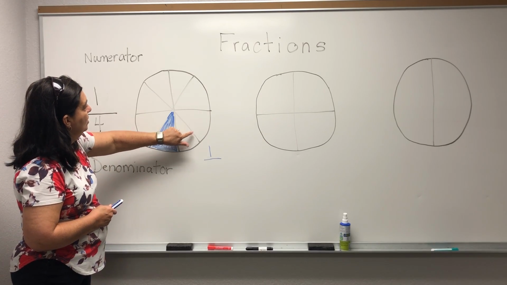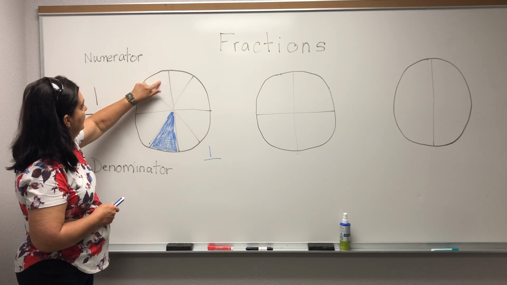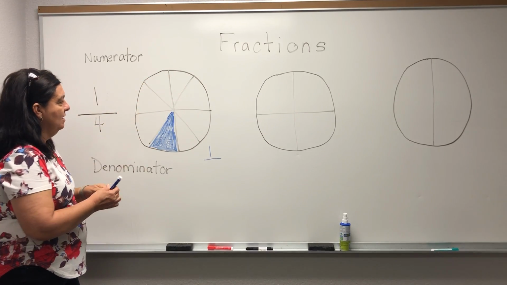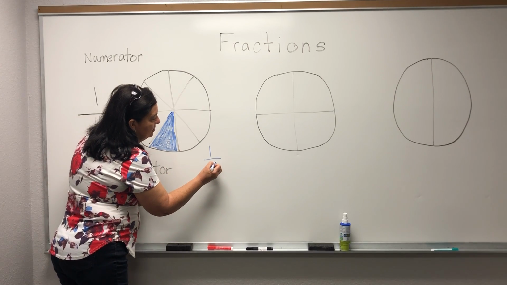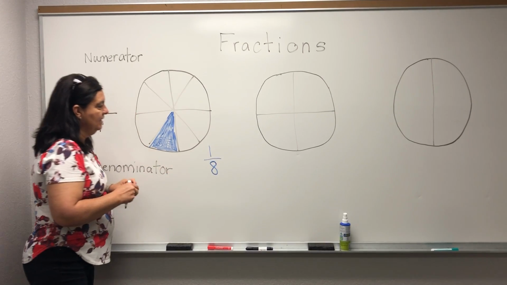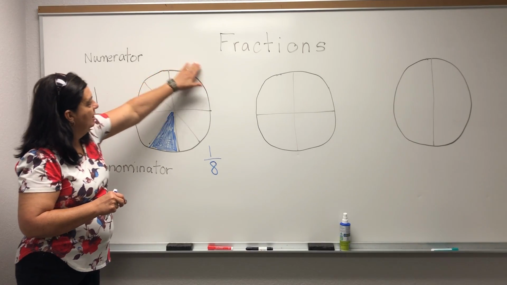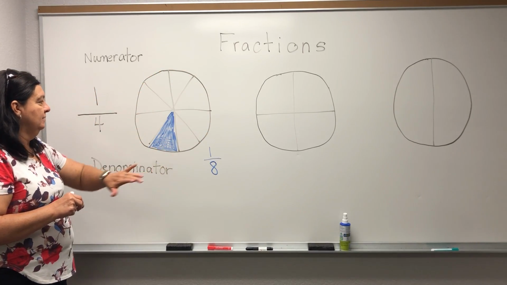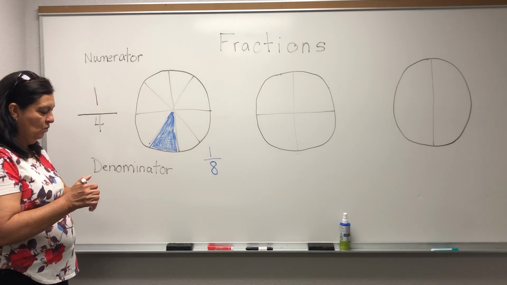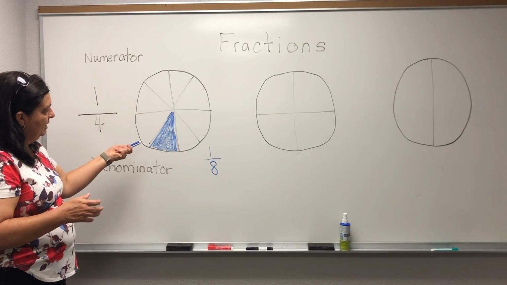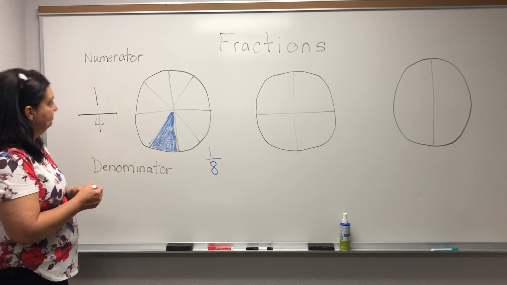So we divided up 1, 2, 3, 4, 5, 6, 7, 8 times, okay? So that goes on the bottom. So what we say is, this is 1/8 of the whole pizza, okay? So if you only ate 1/8, we would only color in one of the pieces.